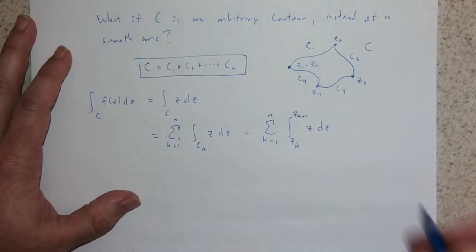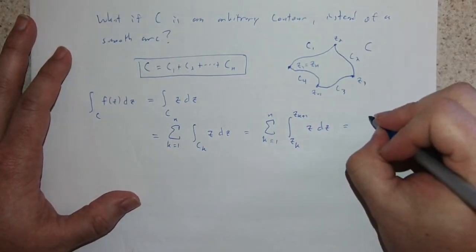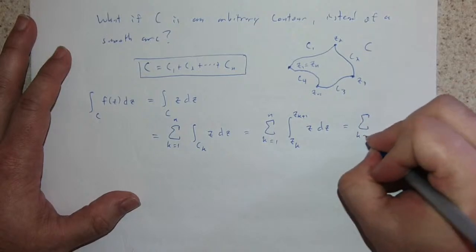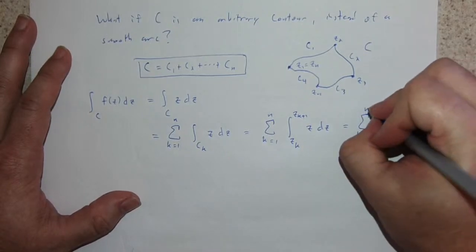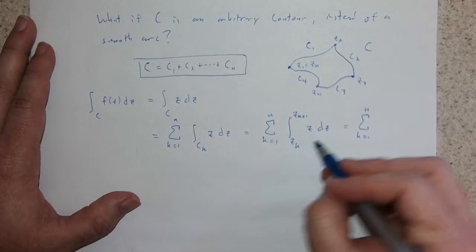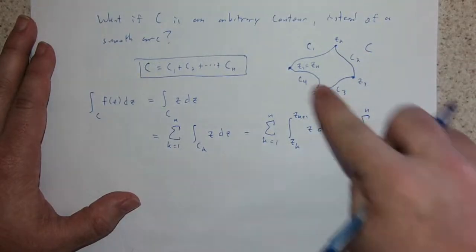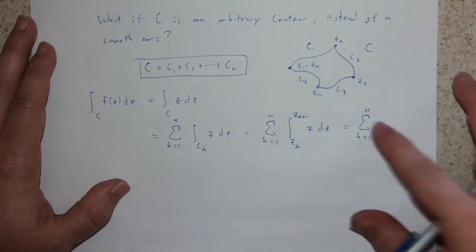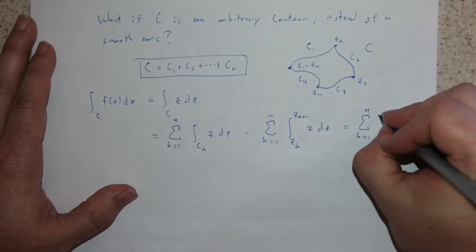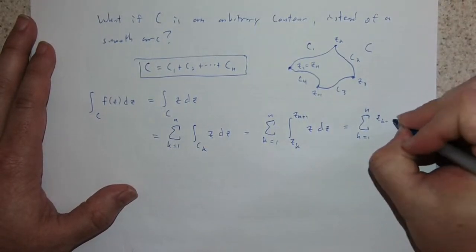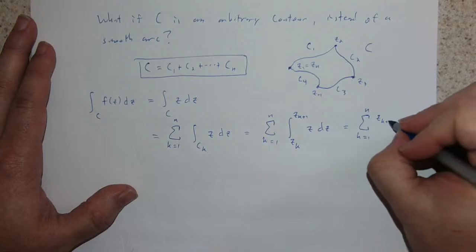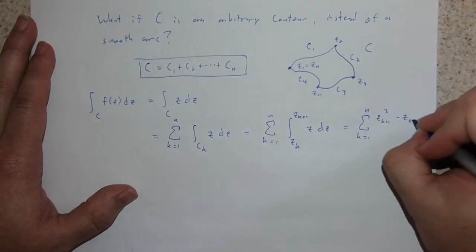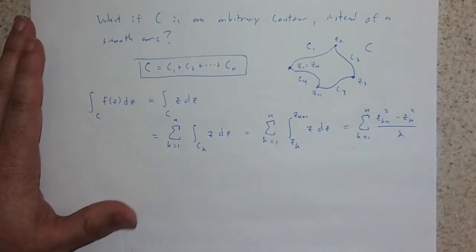And so what we ultimately end up with here is this partial sum, the sum from k equals 1 to n. For each of these pieces, we know how to handle this. So this is z sub k plus 1 squared minus z sub k squared over 2.